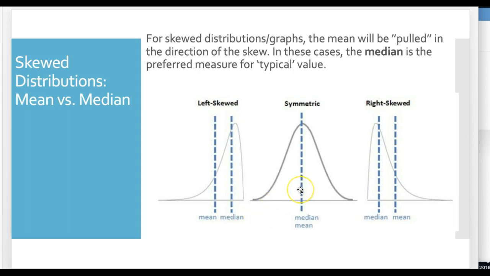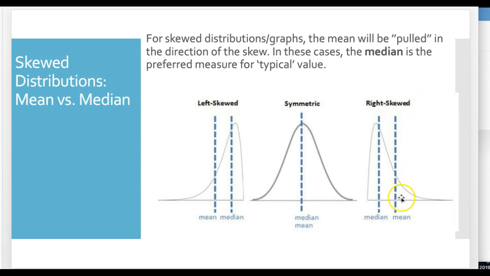If your distribution appears to be more symmetric and unimodal, then the median and the mean are the same, but preferably we want to use the mean. Actually the mean is more appropriate for a symmetric distribution, and then of course we can use the empirical rule and our standard deviation in these cases.